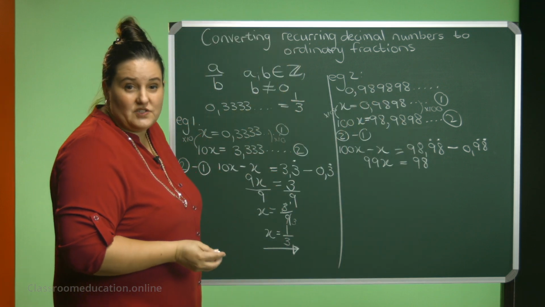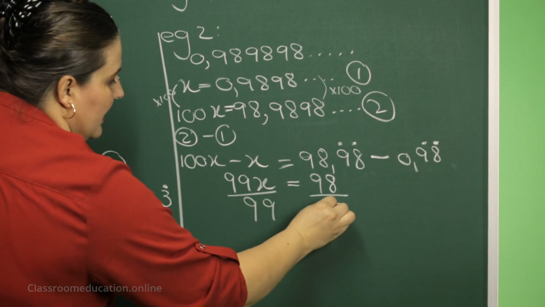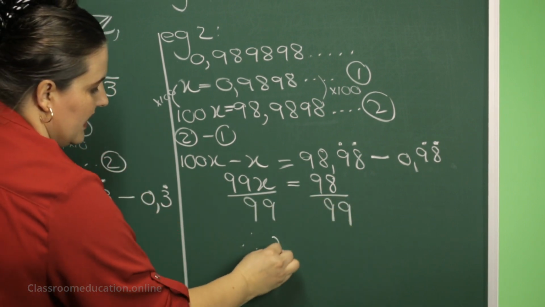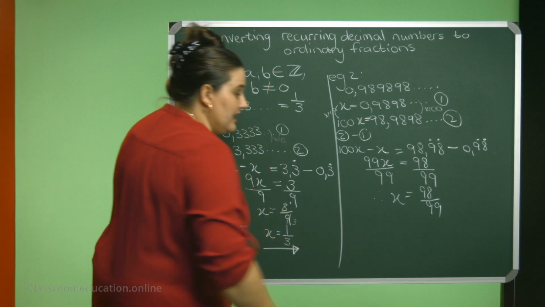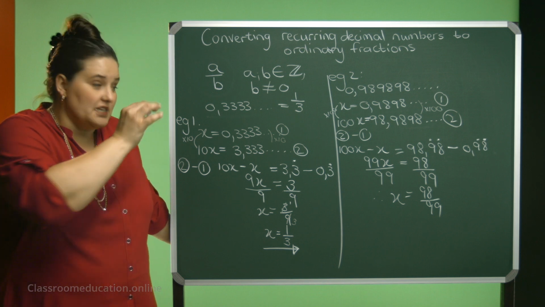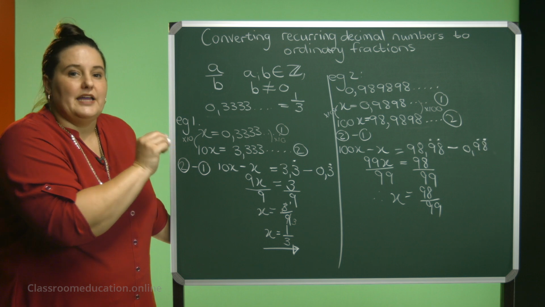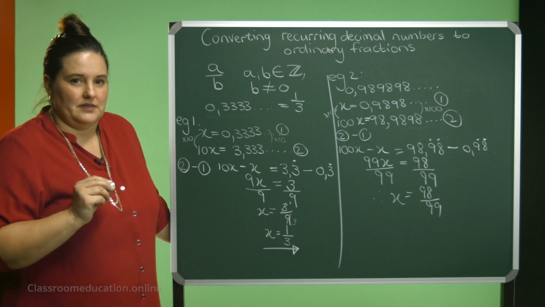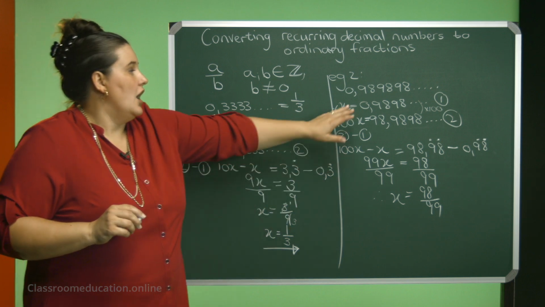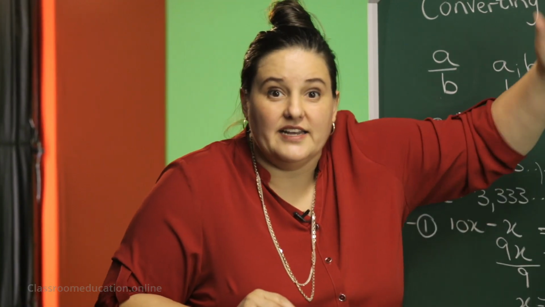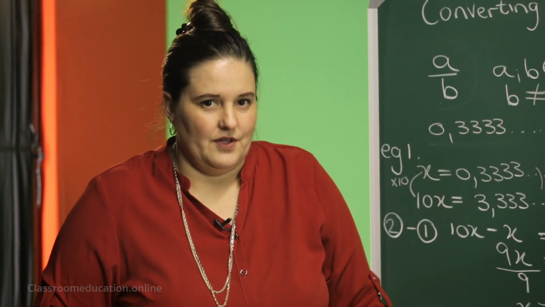And to get your x alone, divide by 99, divide by 99, and my answer will be 98 over 99. And if you take your calculator and type that in, 98 divided by 99, and you press the SD button on the scientific calculators, you will get an answer of 0,98989898, and so you can actually check yourself.